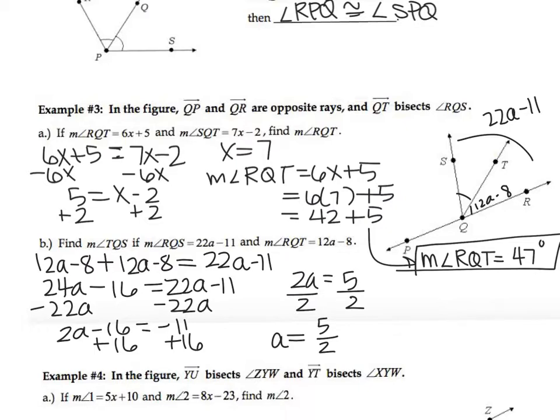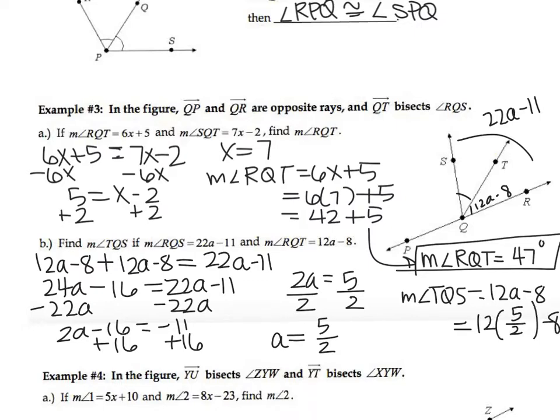So now that I know a, I can find the measure of angle TQS. So we're not given anything about the measure of that angle, but it is congruent to angle RQT, which means it is also 12a minus 8. So the measure of angle TQS is going to equal 12a minus 8. So now I can plug in 5 halves, so 12 times 5 halves minus 8.